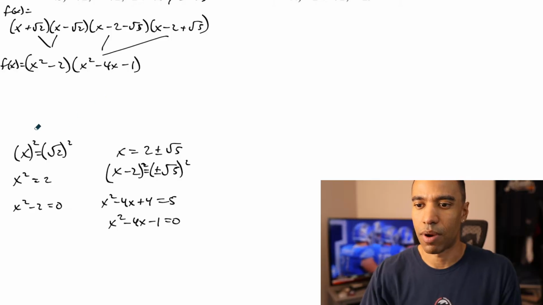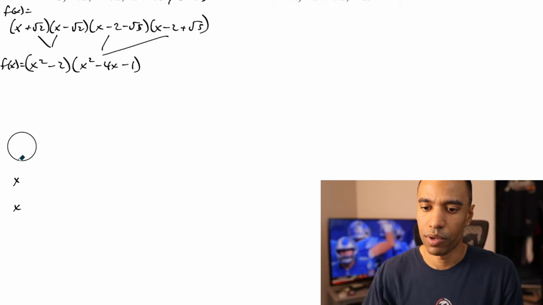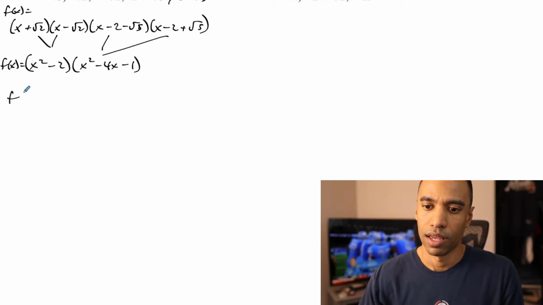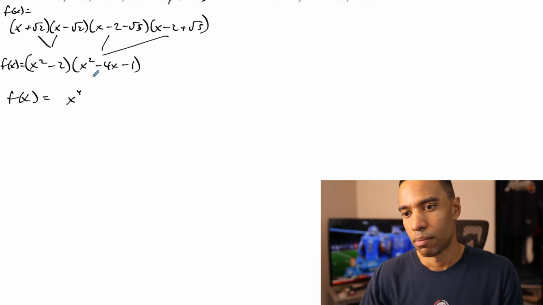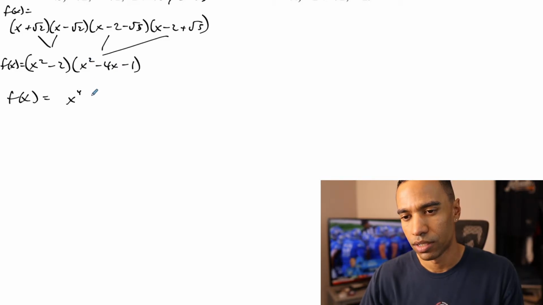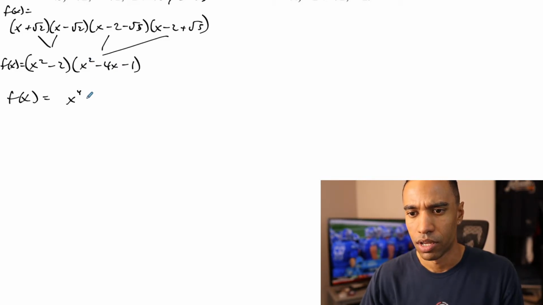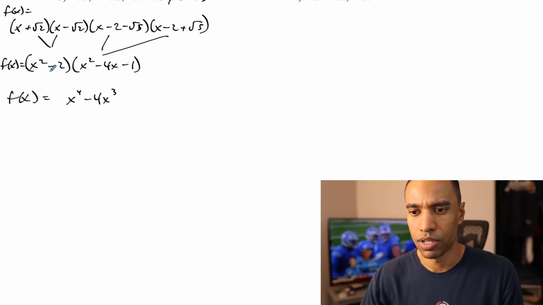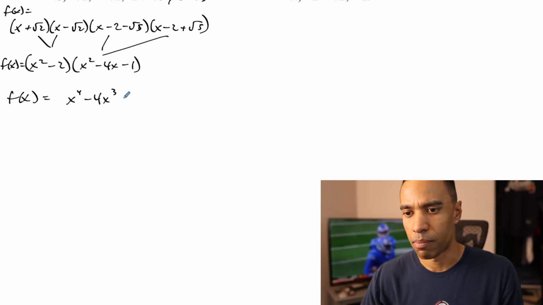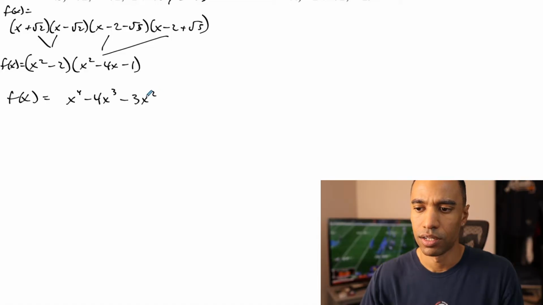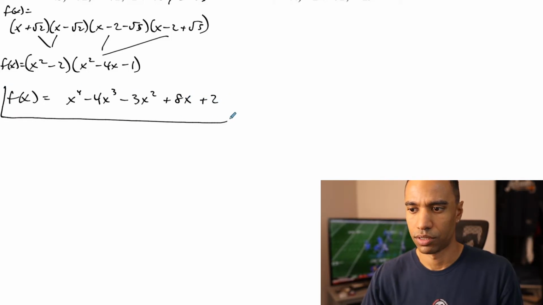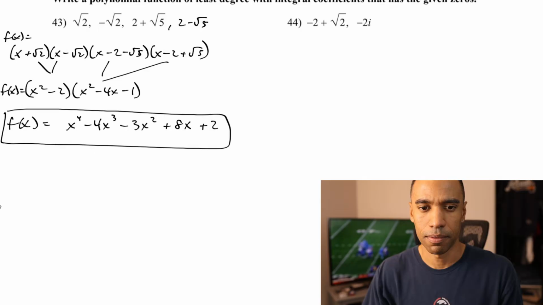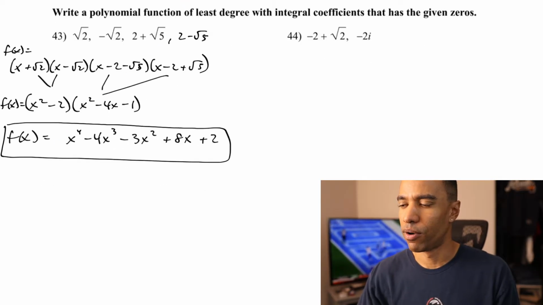All right, let's expand that guy right here, and we will get f of x equals x to the 4th minus 4x cubed, minus 1x squared, minus 2x squared, plus 8x plus 2. There's our guy. All right, number 44.